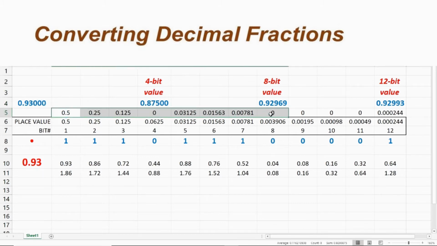With 8 bits, we come a bit closer. With 12 bits, we come even closer. Since we do not have an infinite number of bits, we have to take a conscious call on how many bits we are going to use to represent the fractional part of the binary number. The more the bits, the more accurate will be our representation.